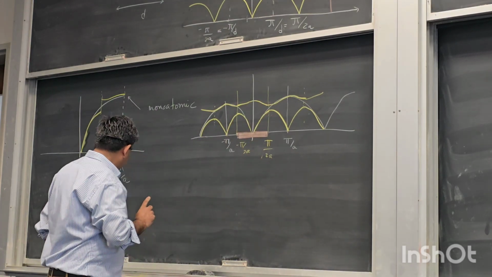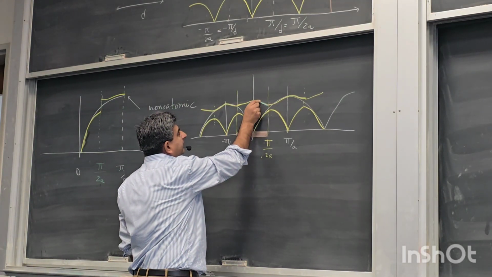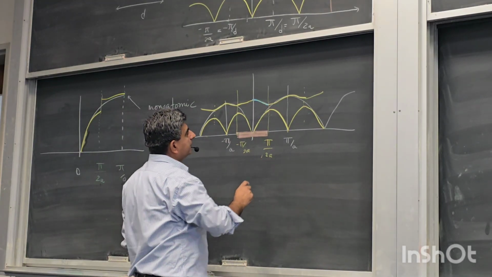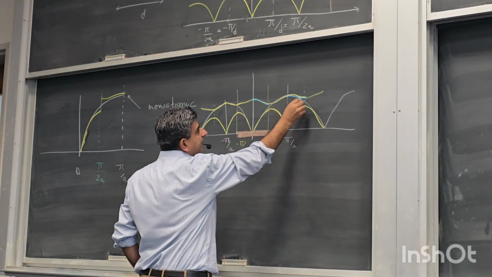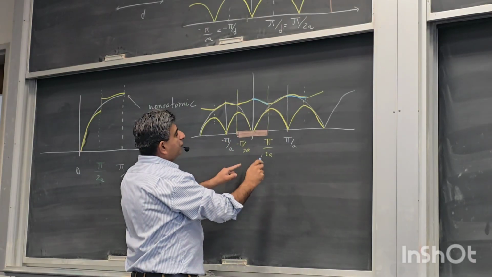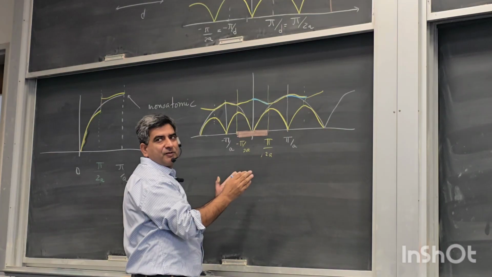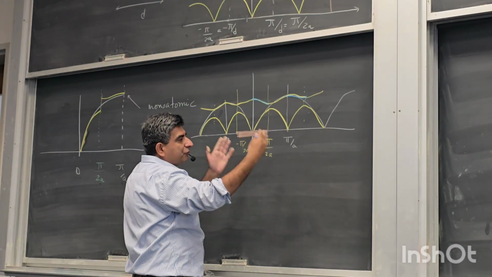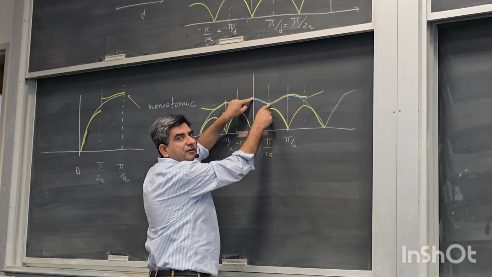And you can immediately tell that this is true because this part of the optical branch is the same as this part. So if I shift this part by minus 2 pi over 2a, because 2a is now the period, or if I shift this by 2 pi over 2a or pi over a, this part is entirely shifted here.